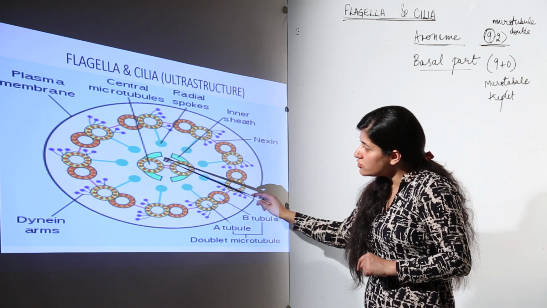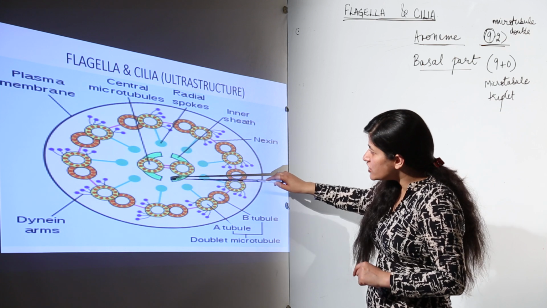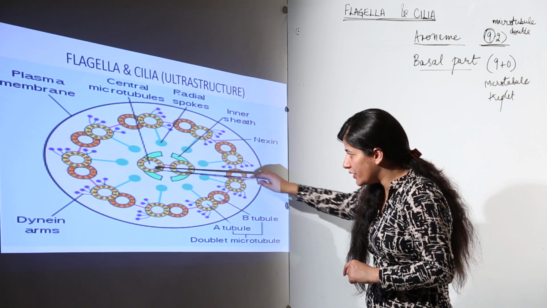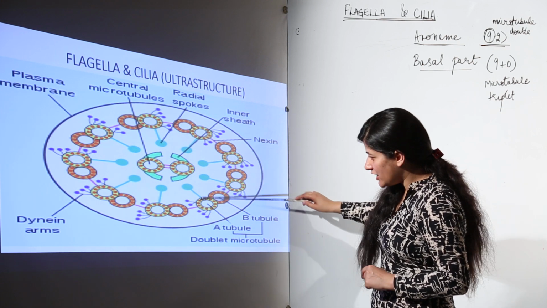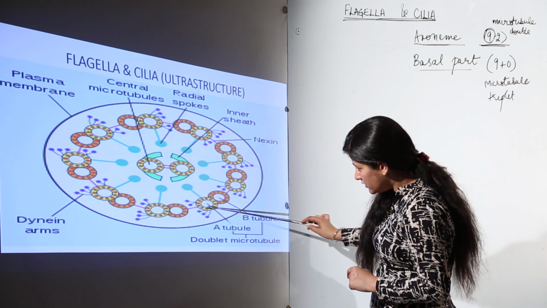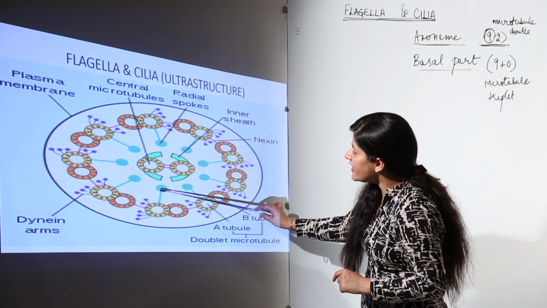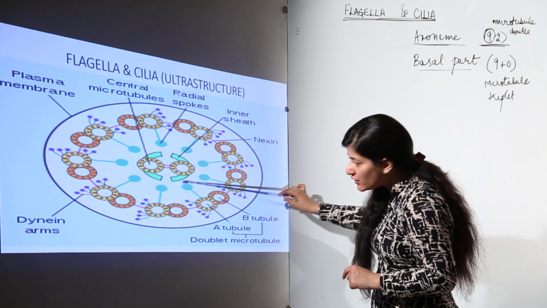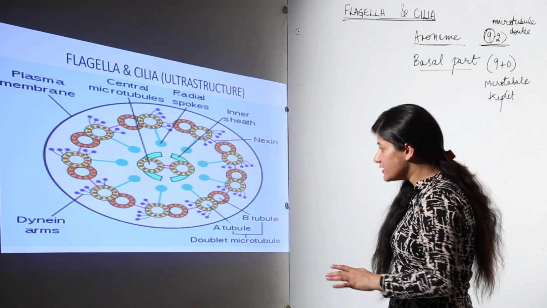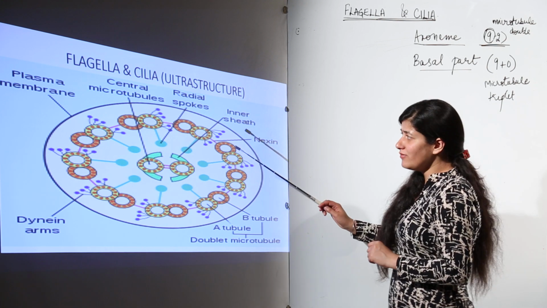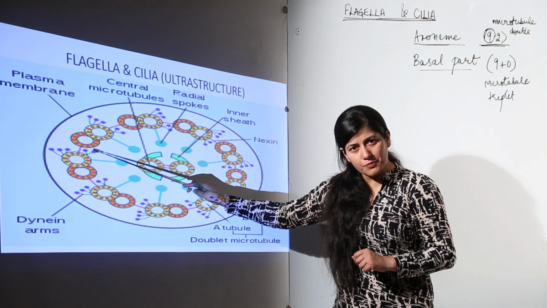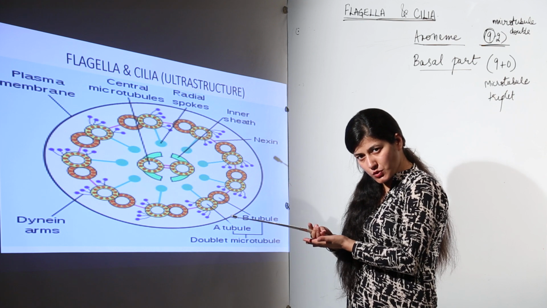You see a central microtubule pair which has a central sheath around it, and to the central sheath, from each doublet, the A tubule extends a radial spoke which is in contact with this central part. I am going to repeat it again: we have microtubule doublets which are in close association with each other.